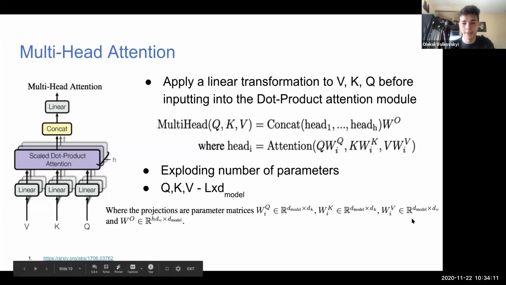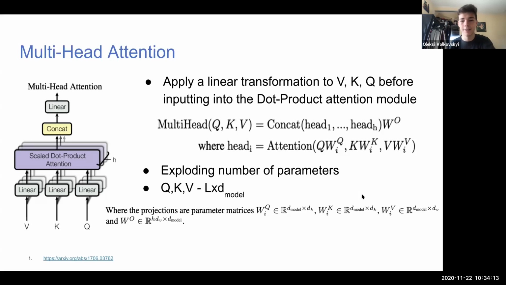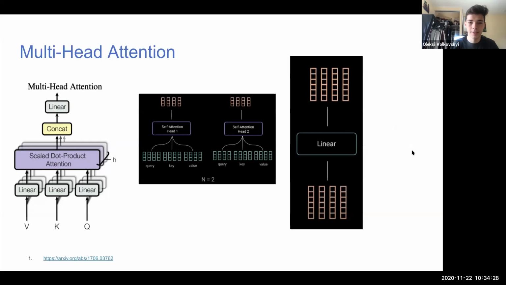One thing you can definitely take away is that the number of parameters you have in these W matrices starts increasing a lot when your sentence length increases, and that's not very good. In general, transformers have probably the most parameters out of any deep learning model.